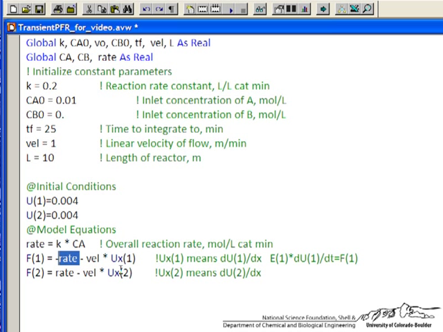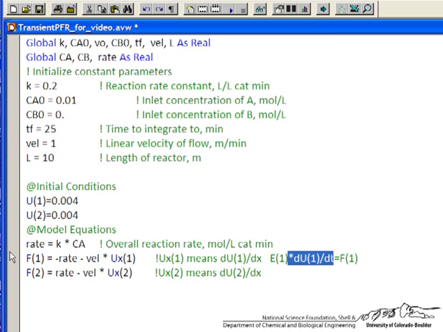If we look at our normal equations for a steady state reactor, we have the derivative of the velocity times the concentration with respect to x equal to minus kCa. So in the partial differential equation, the transient balance, the left side is the derivative with respect to t.